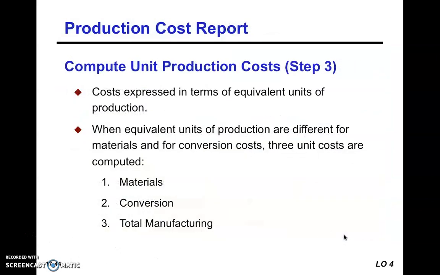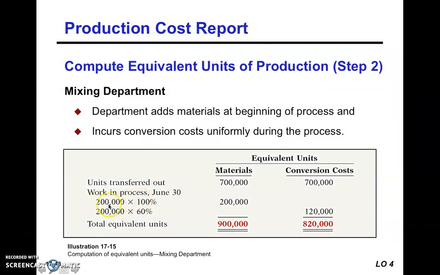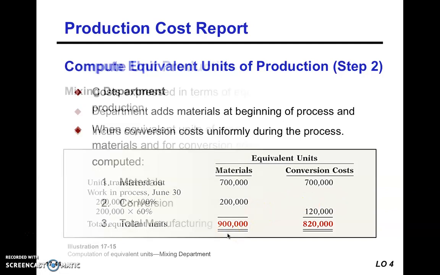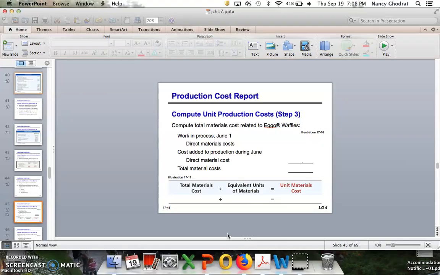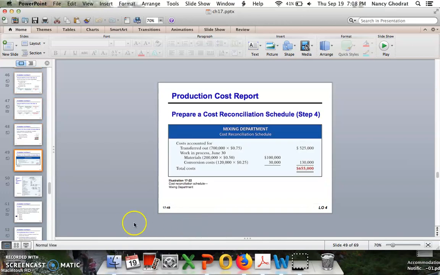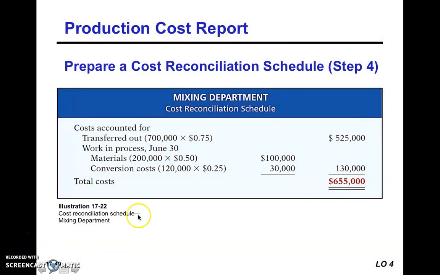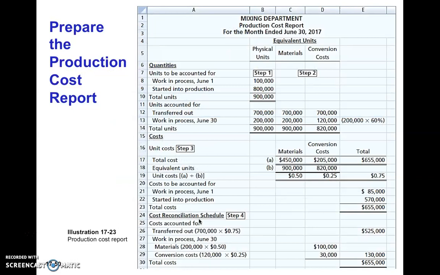Later on, we learned that for ending work in process, the equivalent units for material is 200,000 units, which we multiplied by 50 cents cost of material, and the equivalent units for conversion cost was 120,000 units, which we multiplied by the 25 cents conversion cost. That's how we got the total cost of ending work in process to be $130,000.